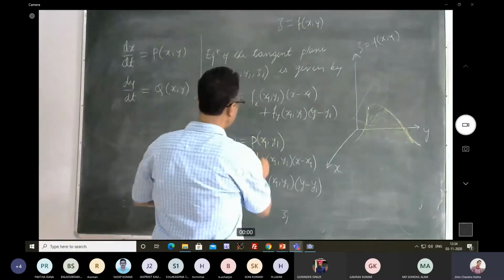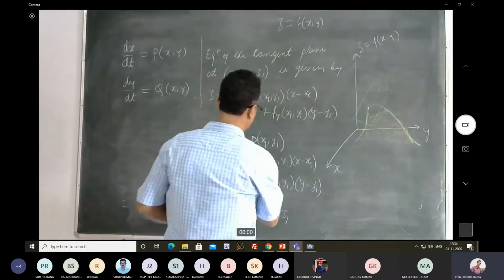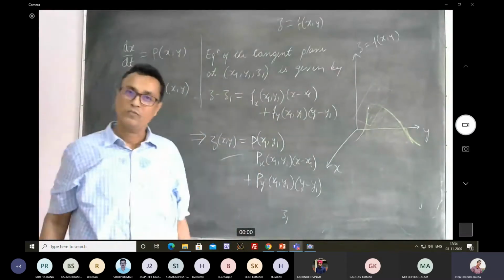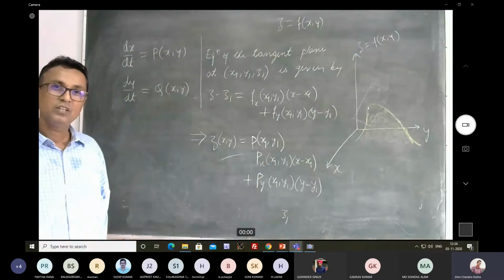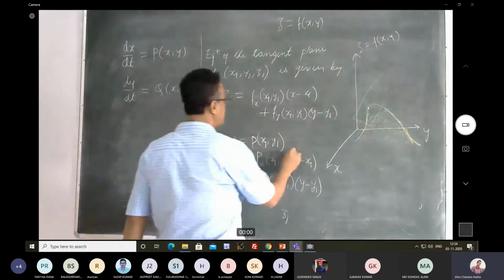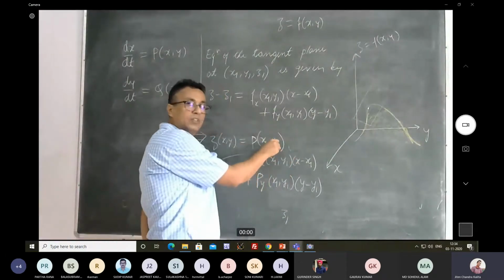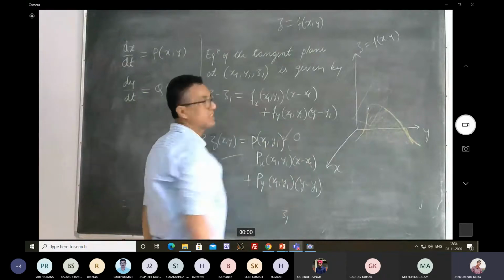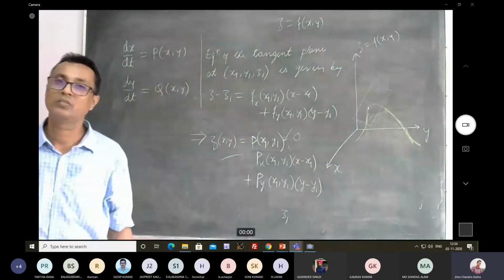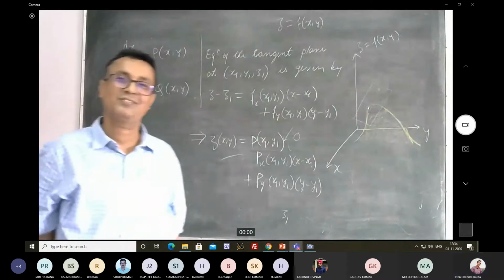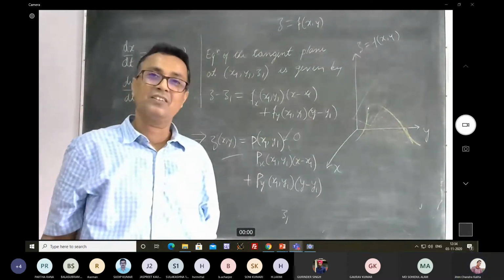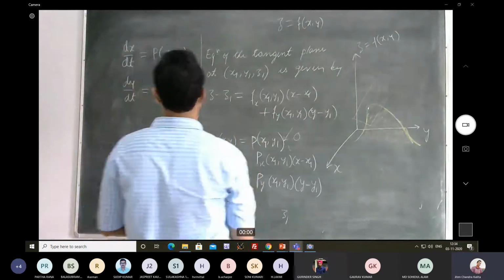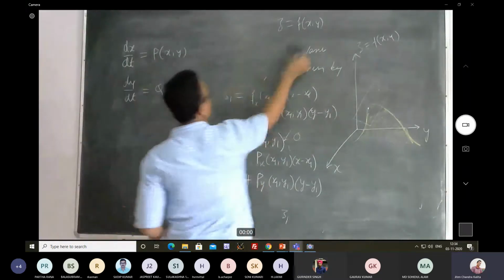So this is going to be the derivative of p. Simply, it is going to be this. Is it okay? Fine. Now, the only difference is that here, x1, y1 being a critical point, the value of this expression is going to be 0. Fine? Clear? Is it clear to everybody? Yes, sir.